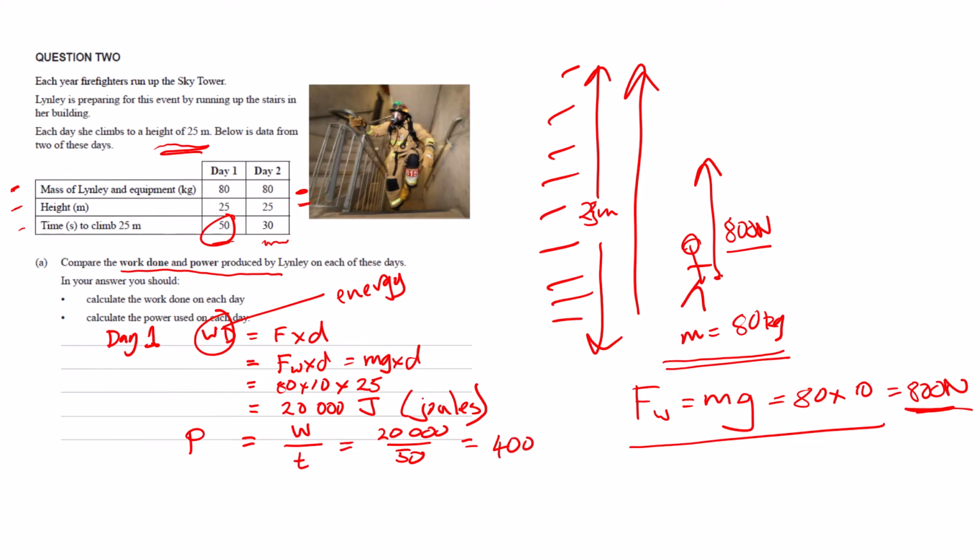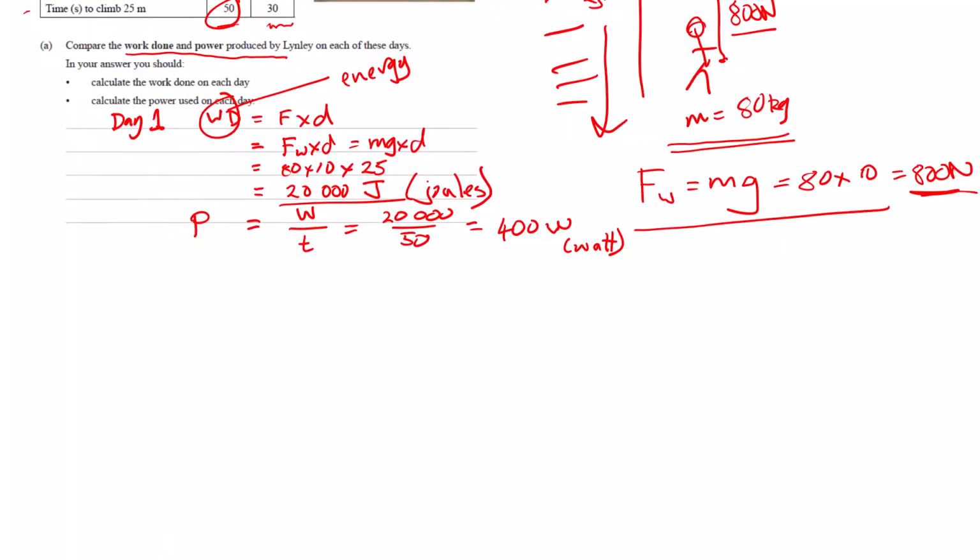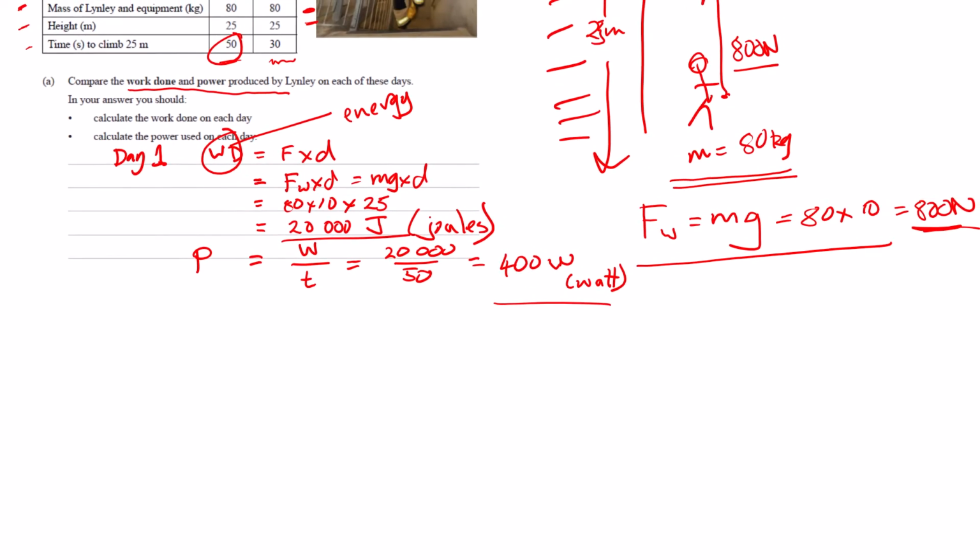Now, what is the unit of power? 400 watts. Okay, so that's day 1, 20,000 joules, 400 watts.